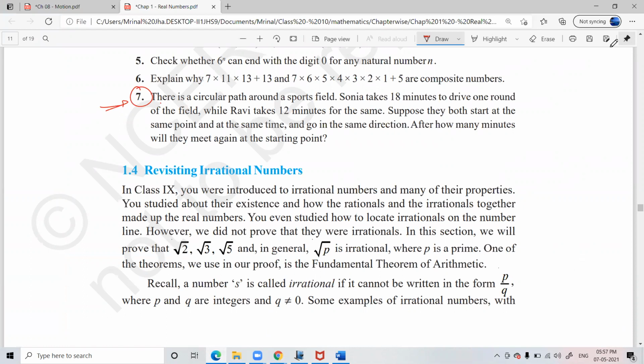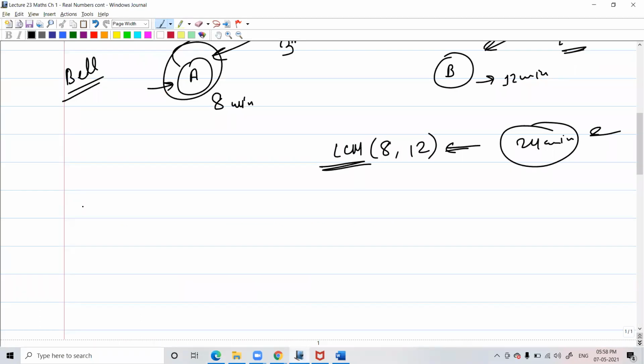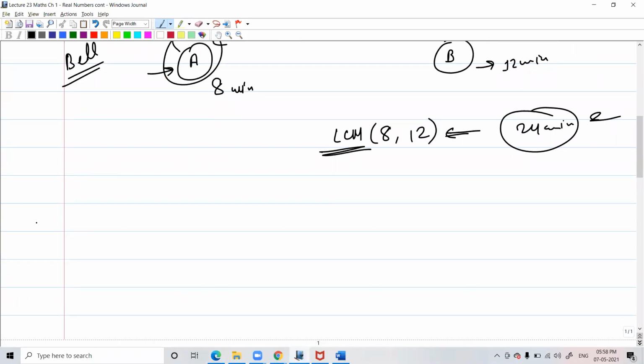Let me find out if I can quickly find some scenario where you might need to find HCF. Let me see if I have something ready right now. Okay. So let me give you a question where you should think whether we have to find LCM or HCF.